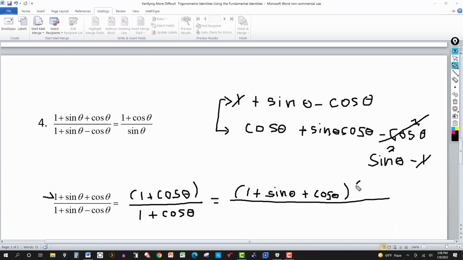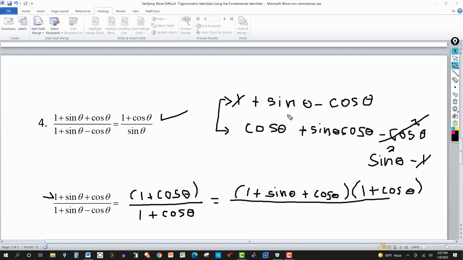And then this is going to be multiplied by 1 plus cosine theta. And the reason, again, I didn't multiply it is because I want to wind up with a 1 plus cosine theta there. And of course, a sine theta in the bottom.